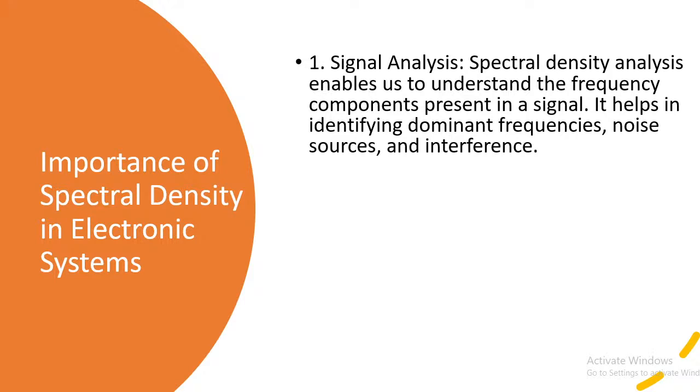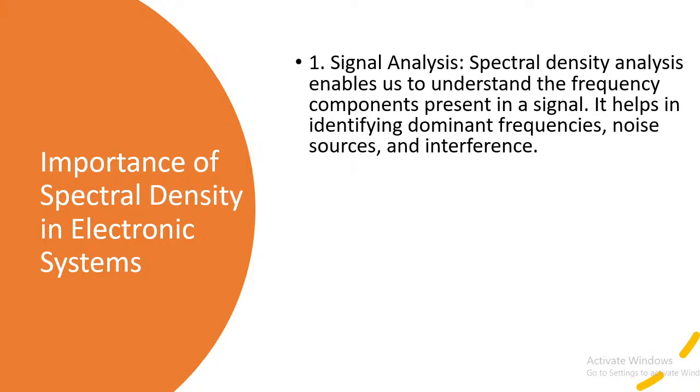Or even within that range, if there is a peak in the energy or power, that peak usually indicates noise. So this is how you get it. Similarly, interference from other sources.